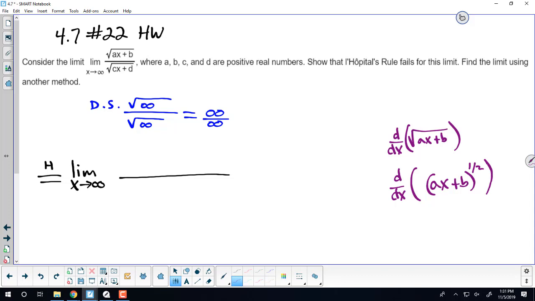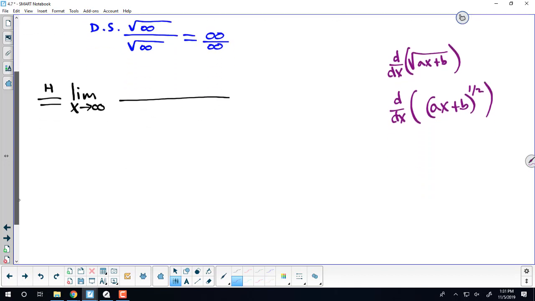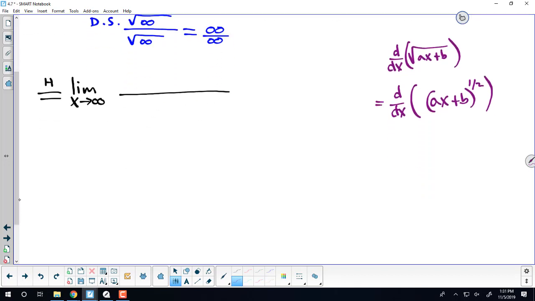I forgot the exponent. We'll keep this stuff off to the side. So we have 1/2 times (ax plus b) to the negative 1/2, times the derivative of the inside function, the derivative of ax plus b, which is just a.